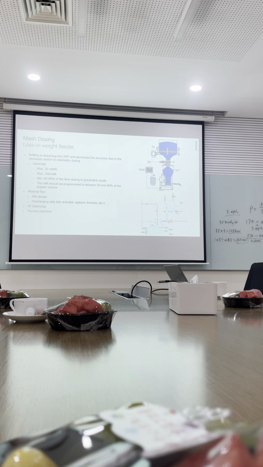And then we can calculate how big the hopper needs to be, because the refill should be programmed between 50 to 80%. That means every refill we need to fill 30% of the volume, because 50 to 80%, right? And this 30% is 200 kg.